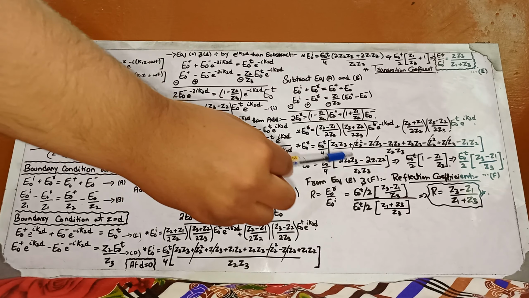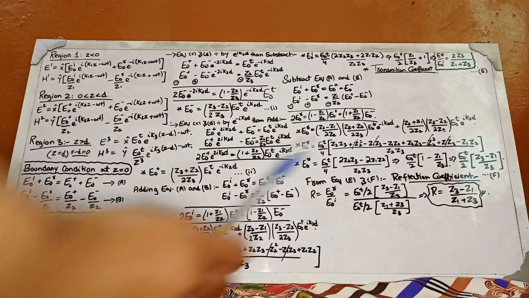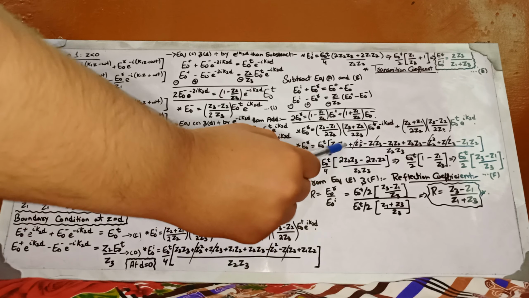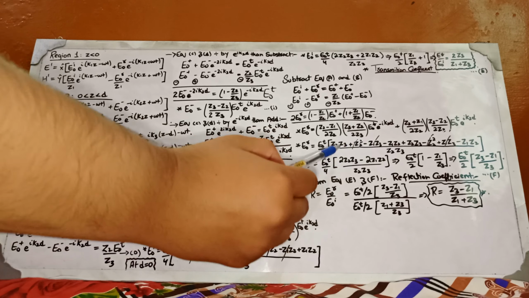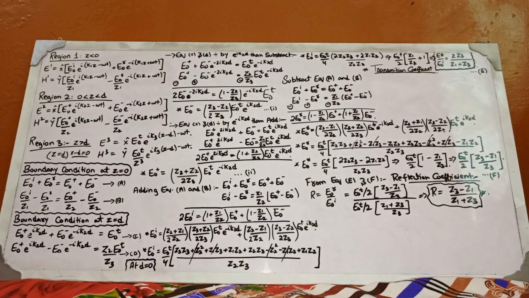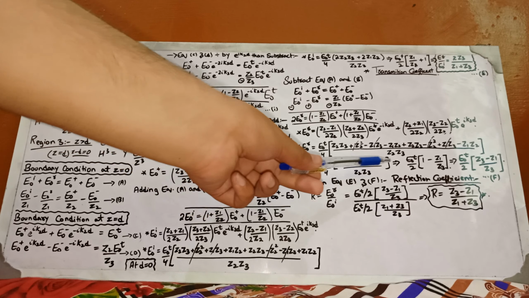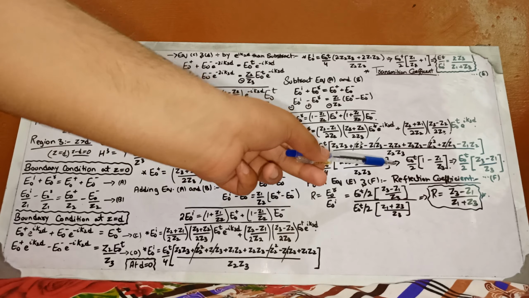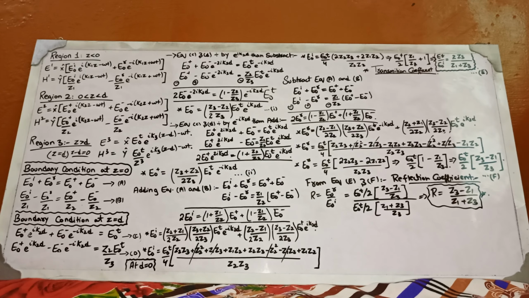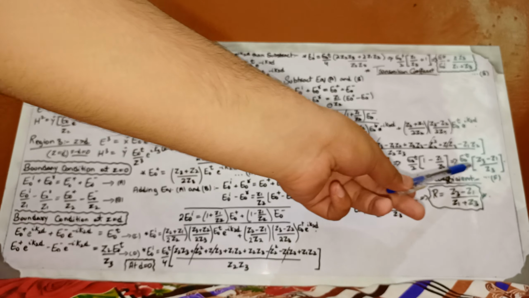Now you have to divide by Z2 Z3 here also, here also, taking 2 common. First take 2 common from these equations, and 2 divided by 4 becomes 1 by 2, so it becomes E naught T divided by 2. So Z2 Z3 divided by Z2 Z3 becomes 1 and minus, so Z2 cancels with Z2, you will only be left with Z1 by Z3, Z1 by Z3. By taking LCM you will get this.